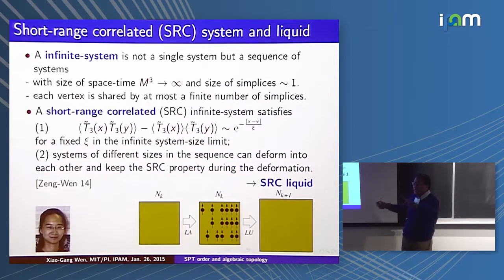We don't do anything, just keep them fixed. Then the smaller system with these additional frozen degrees of freedom has the same degrees of freedom as a larger system. This combined system can smoothly deform into the larger system without destroying the short-range correlation property. So this links these two systems with different size.